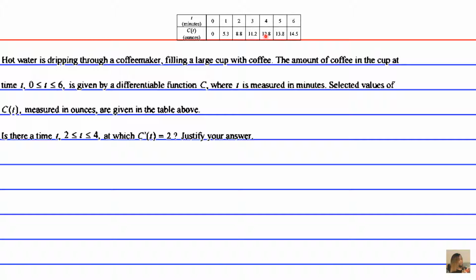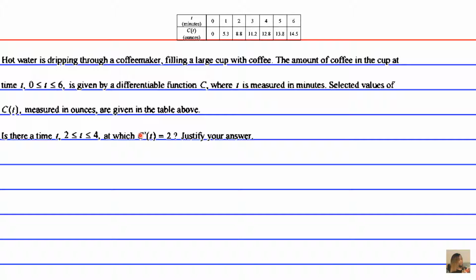The difference between 12.8 and 8.8, that's c of 4 and c of 2, is going to be 4. And the difference between 4 minutes and 2 minutes is 2. So 4, the rise, divided by 2, the run, is going to be 2, just like our c prime of t. That's how we definitely know that we need to use the mean value theorem.